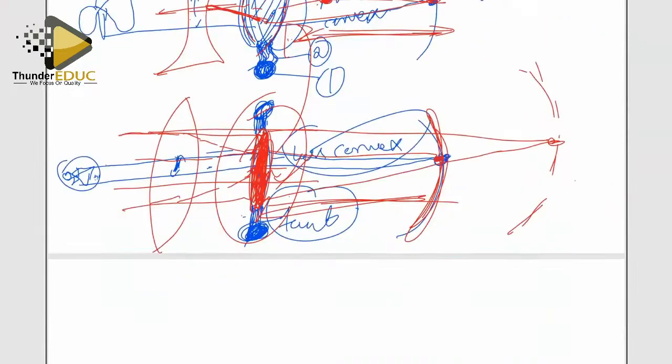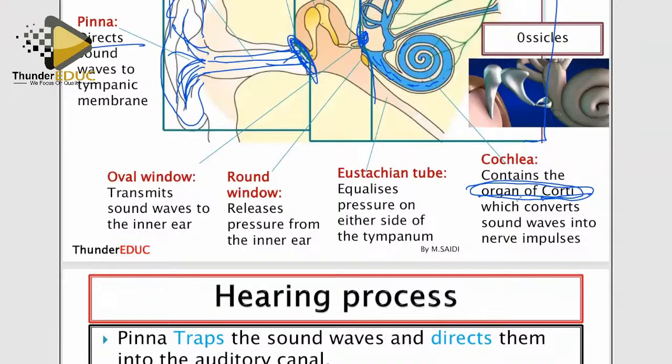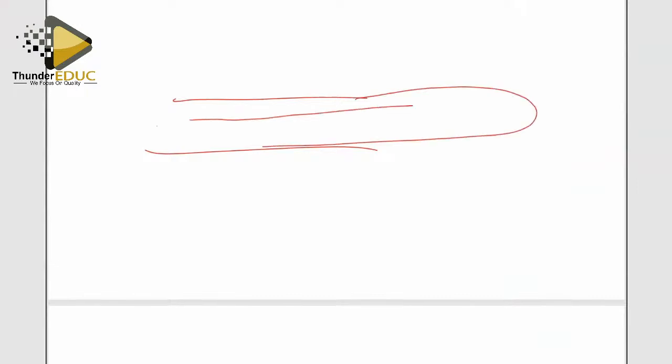How does this thing look like? Basically, when you uncoil this, this is how it looks like. It will come like this. Inside there, it has sensory hair and sensory cells.